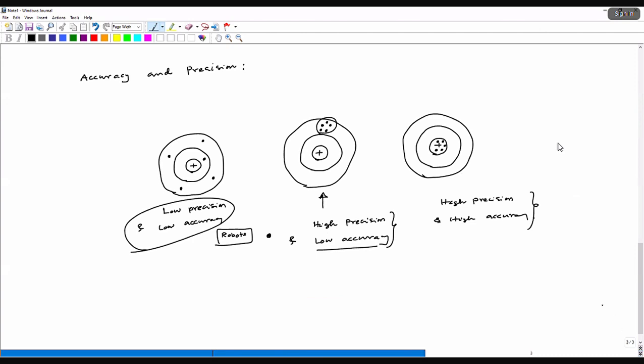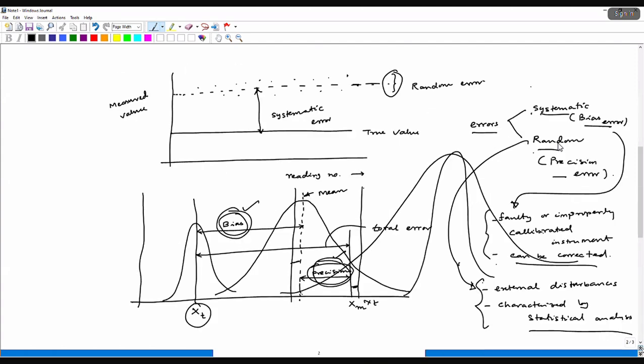Sir, I have one question with respect to the same Gaussian curve. We had a discussion about how the total error is calculated, like bias error and precision error are combined to get the total error. We also discussed that sometimes the precision error can overshoot the actual true value due to disturbances. In that case, can we still define it as a combination or a mathematical formula of bias and precision together, or is it going to be subjective?